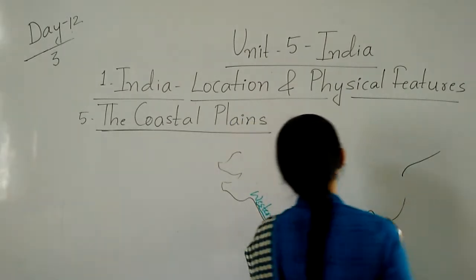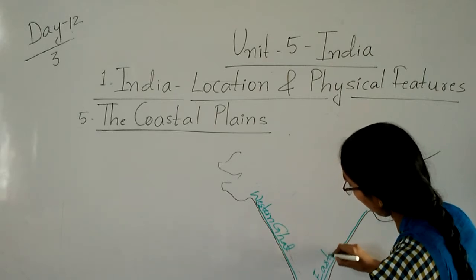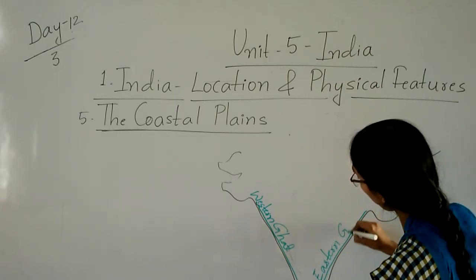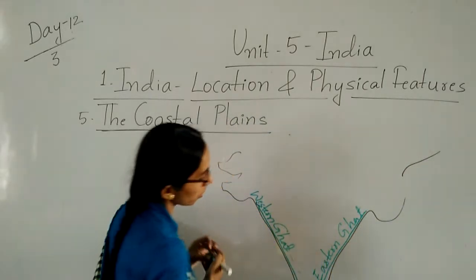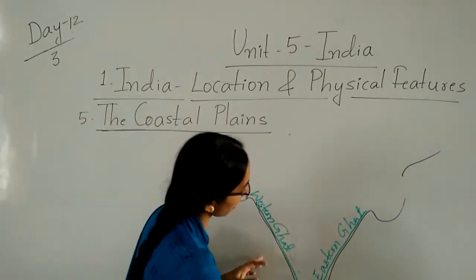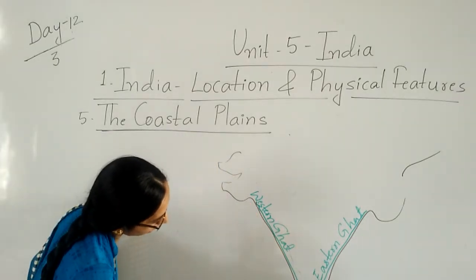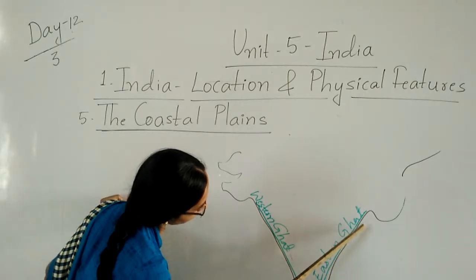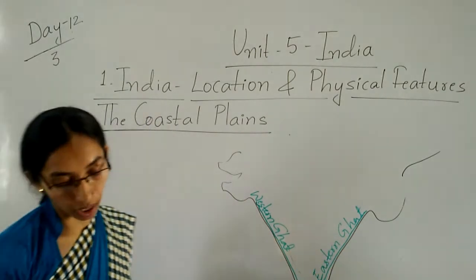And this side, this part, children? Very good, it's called the Eastern Ghat. So this area, from here to the Western Ghats and then here the Eastern Ghat, comes in the coastal plains only.